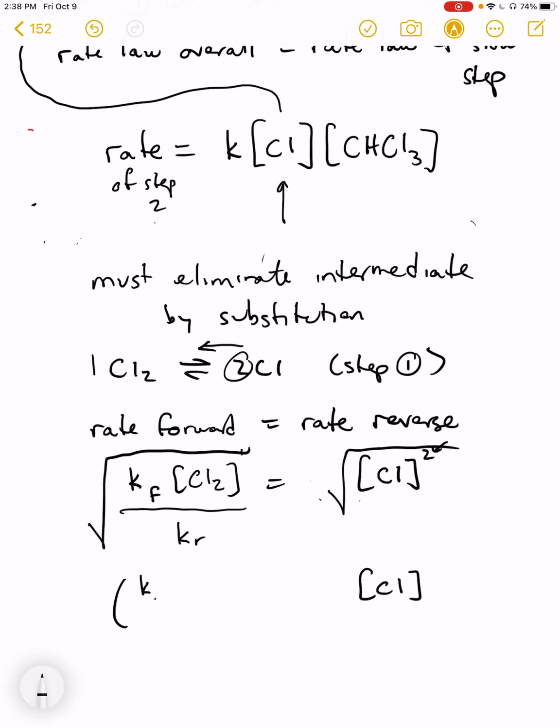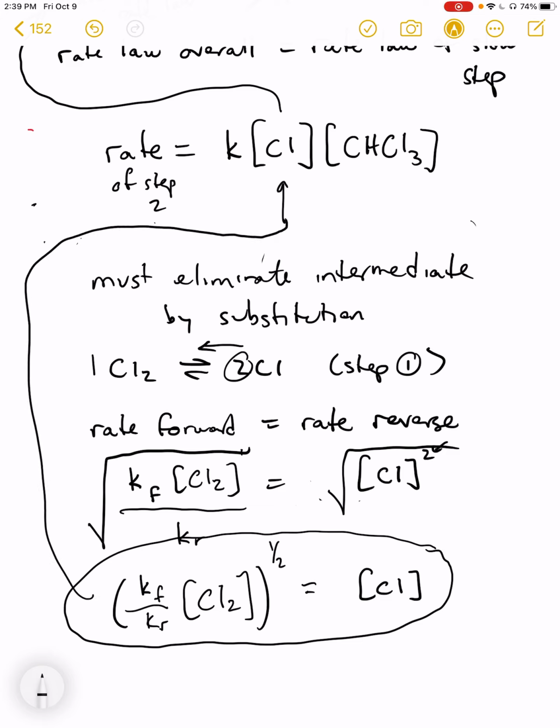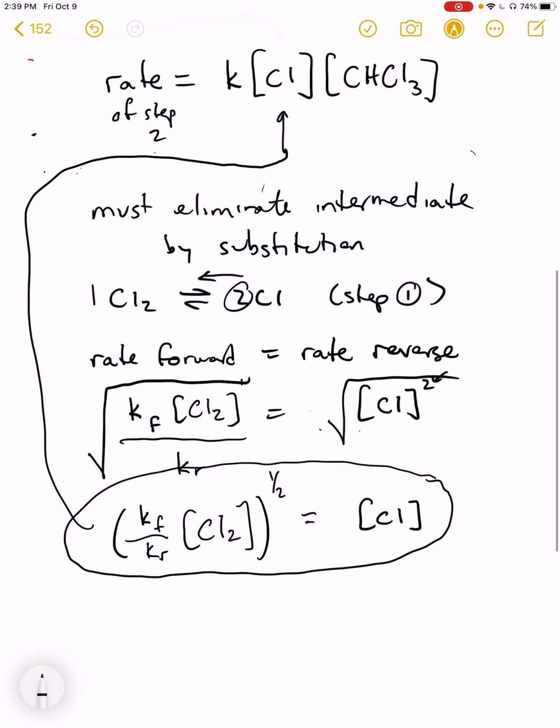So that would be Kf over Kr times Cl2 to the 1/2 power. That is what my Cl is going to equal. So now I can take this and I can substitute it back in here for my overall rate law.